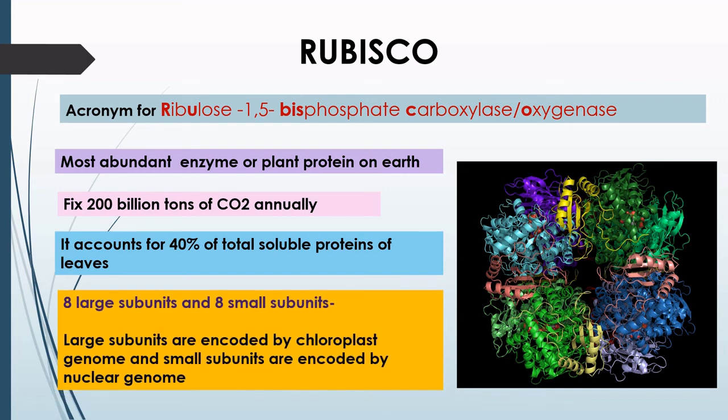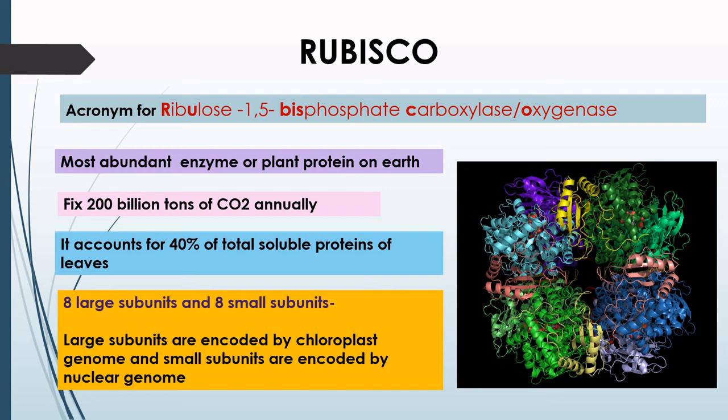And about the structure of Rubisco. Rubisco possesses a complex structure with 8 large subunits and 8 small subunits. The large subunits are encoded by the chloroplast genome and they are synthesized in ribosomes present in the stroma, the chloroplast ribosomes.